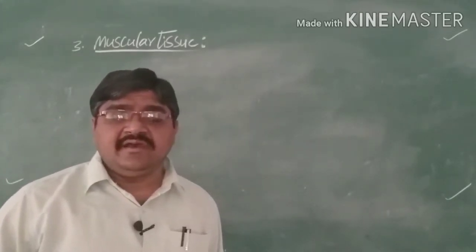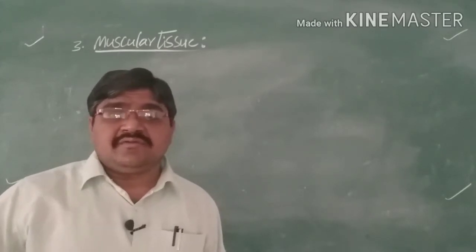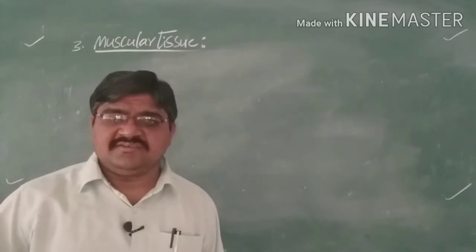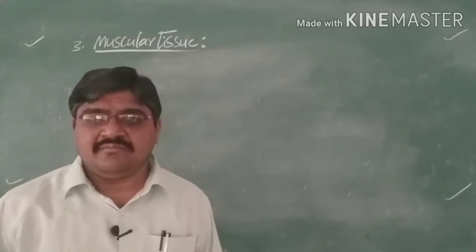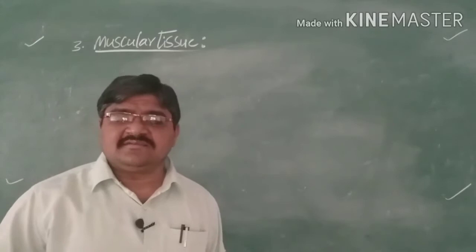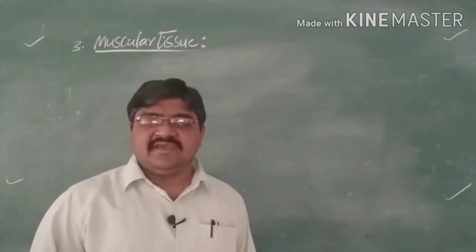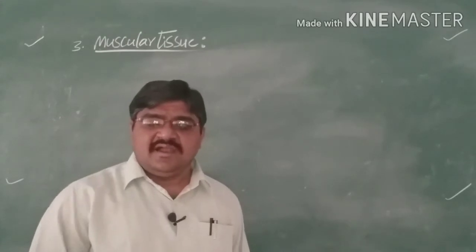It is differentiated into two components. One is called plasma and the second is called formed elements. The plasma consists of both organic and inorganic components, which we have already discussed.